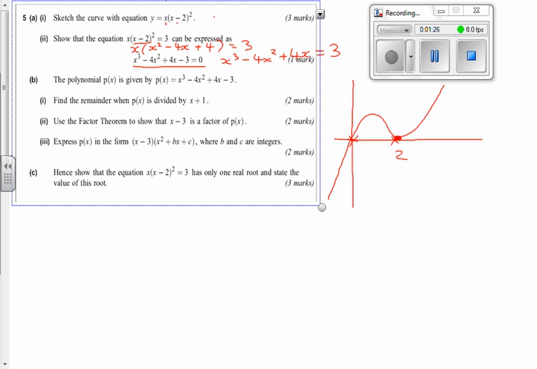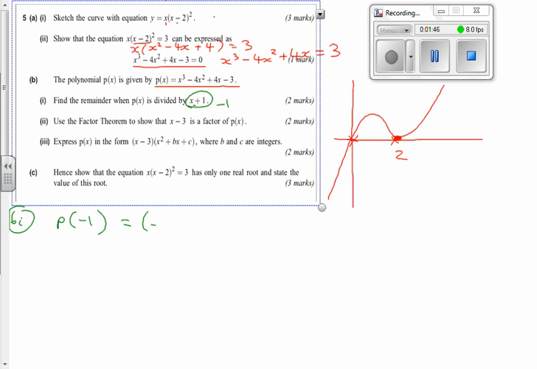So we've now got this being defined as p of x, the polynomial. And we're now going to try and use the remainder theorem. So to use the remainder theorem, I need to think what number makes this 0 or minus 1 and find out, well, what is p of minus 1?